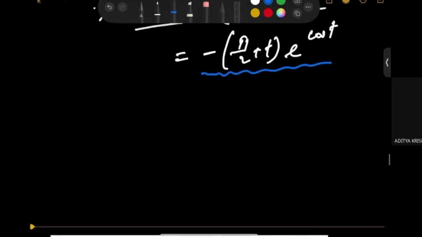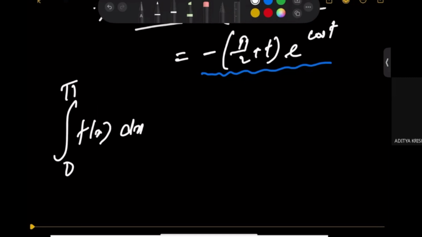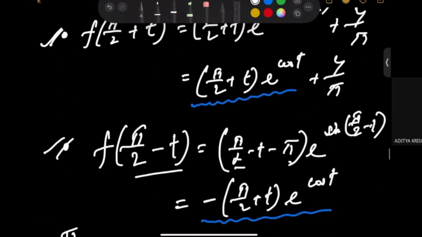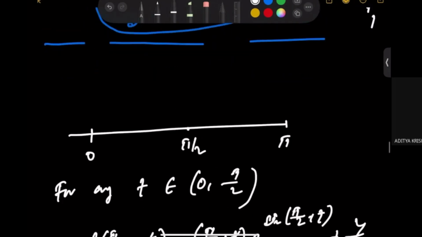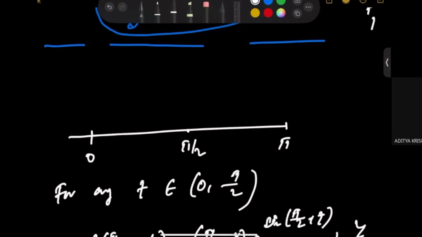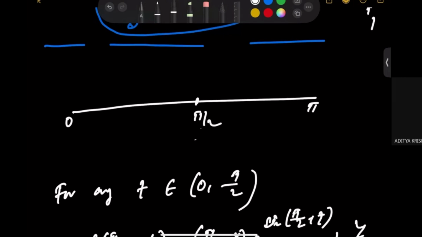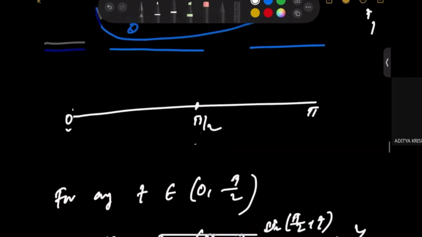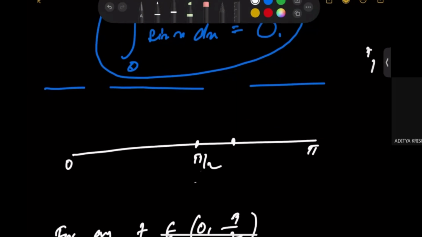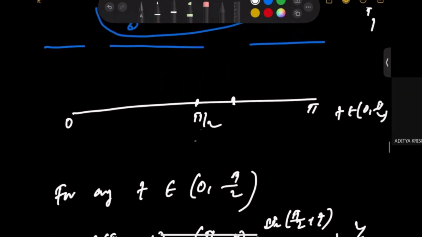So that means, if you integrate this function f(x) dx from 0 to pi, let me make a small diagram. So 0 and pi. What we have found from these two is that for any t between 0 and pi by 2, whatever value we get here, exactly the negative of that we'll get here.